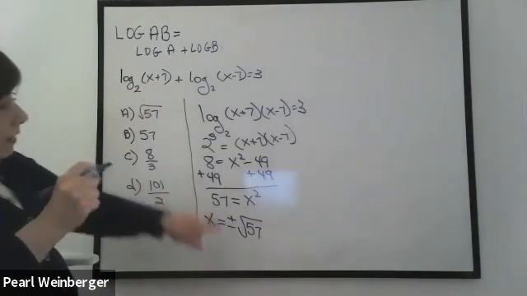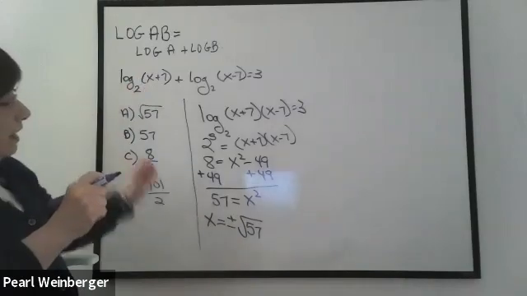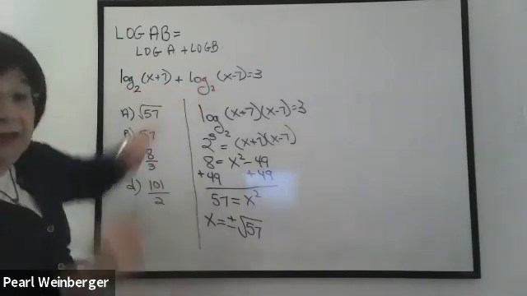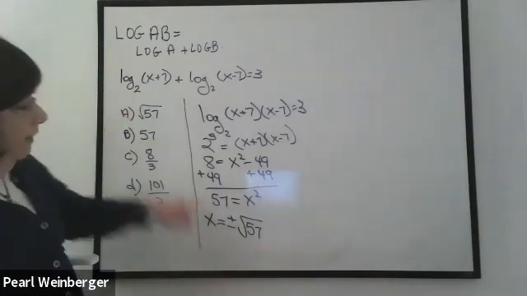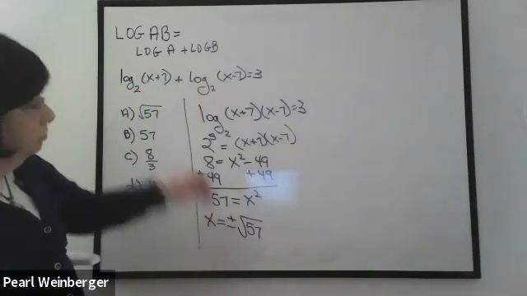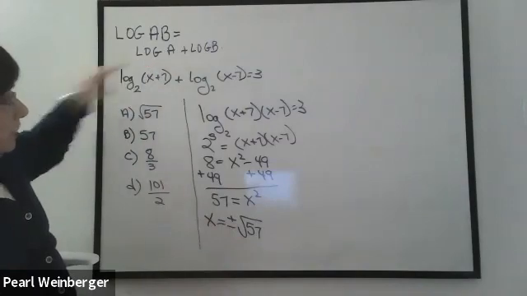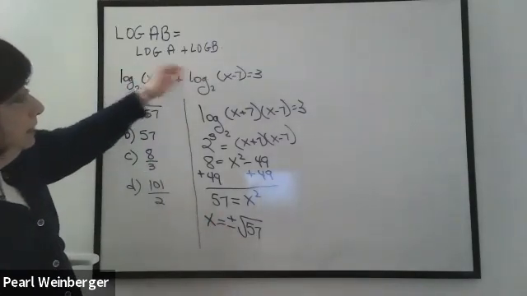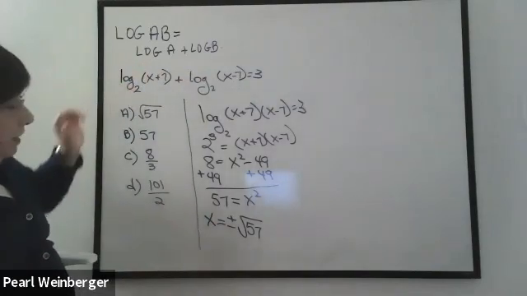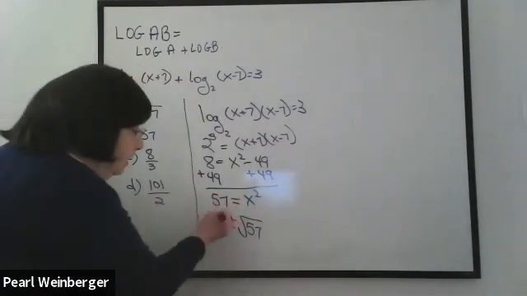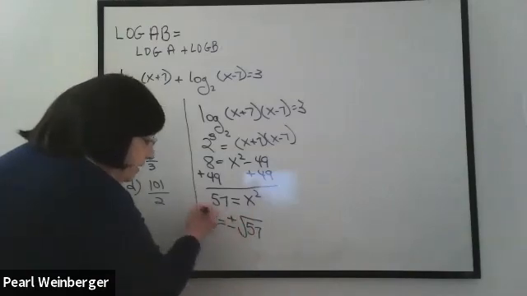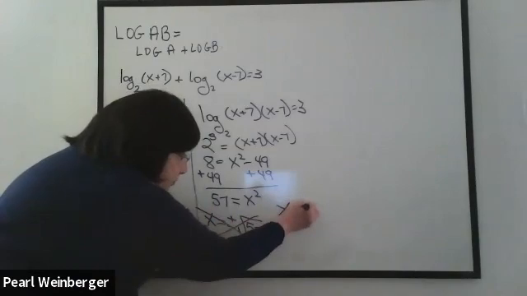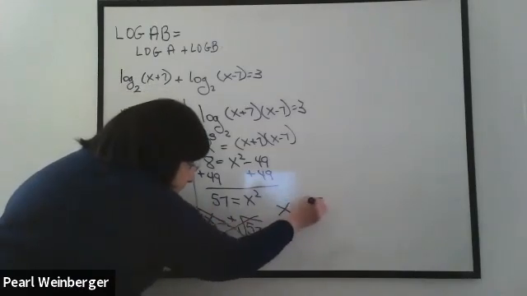But remember here that my x has to be able to go into a log equation. If I can use the positive square root of 57, that's fine. But the negative one won't work because then I'll be taking logs of negative numbers. So in this case, I eliminate the negative square root and just give the answer positive square root of 57.